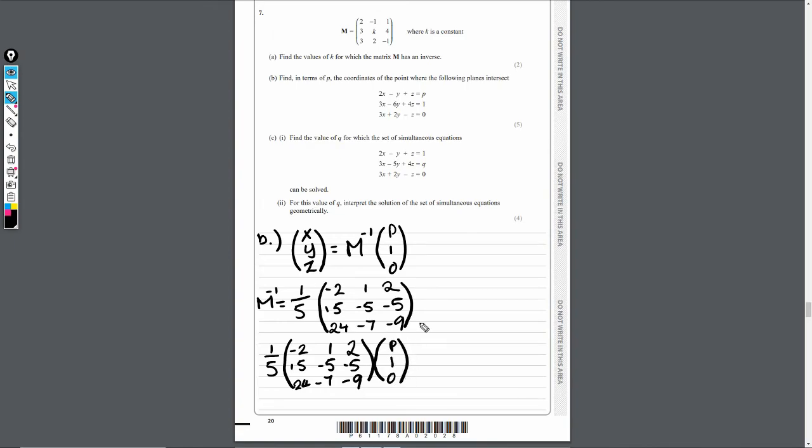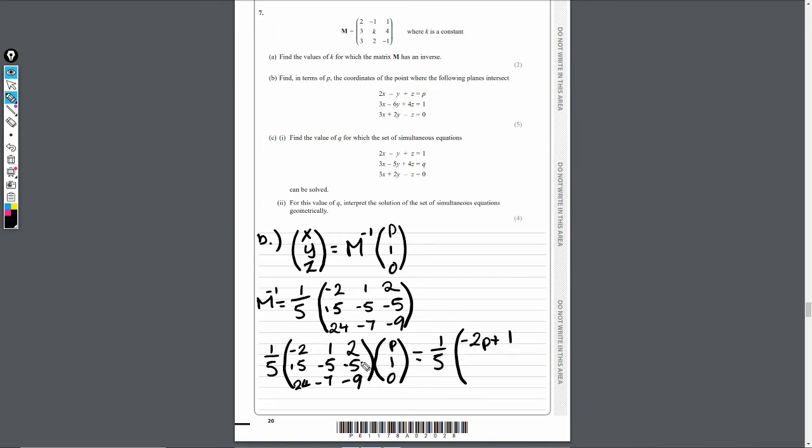Okay. So if I multiply this through, it's just going to be minus 2 times p, it's minus 2p, 1 times 1 will be 1, and 2 times 0 will be 0. So my first value, I'm going to keep the 1/5 on the outside just yet, is 1/5 of minus 2p plus 1.